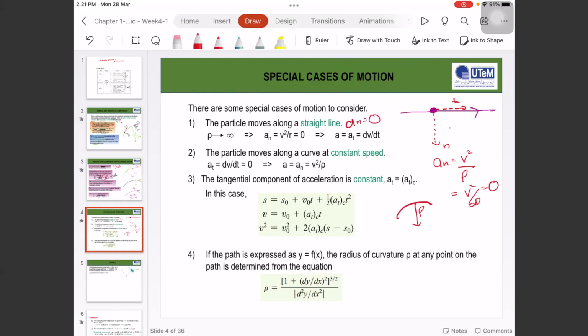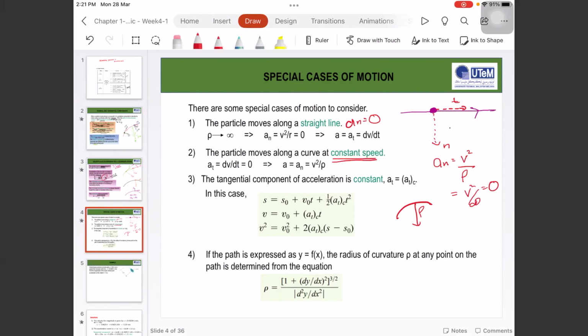And A T is A tangent, dv over dt. If the particle moves along a curve at constant speed, then dv over dt is equal to 0.